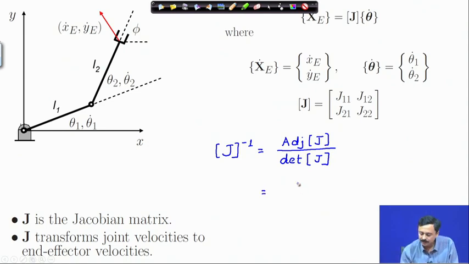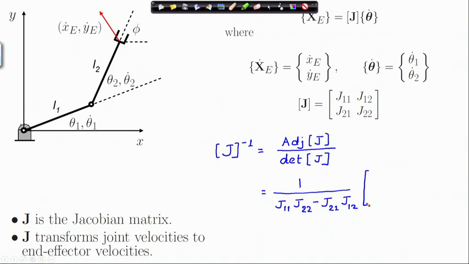Now, the determinant of the matrix is simple: j 1 1 times j 2 2 minus j 2 1 times j 1 2. Now, adjoint is the transpose of the cofactor matrix. In this case of a 2 cross 2 matrix, it is very simple.